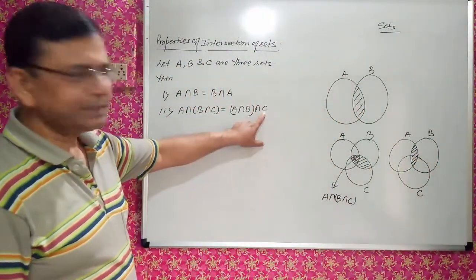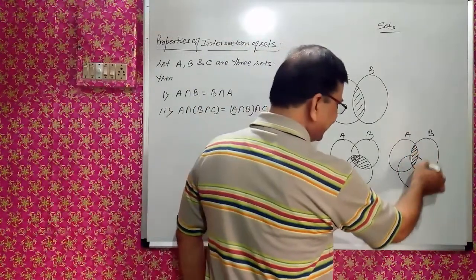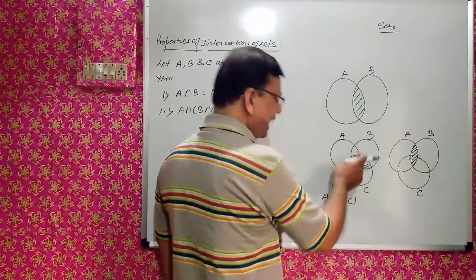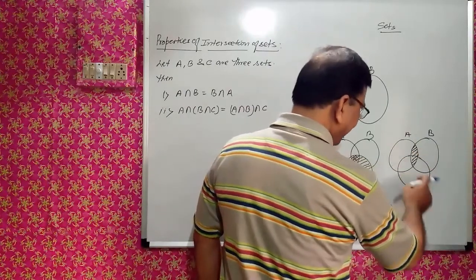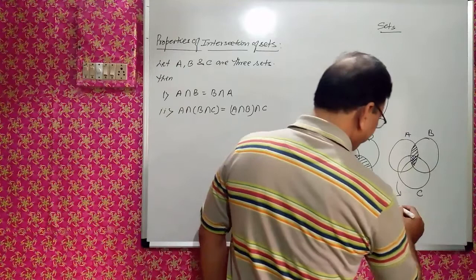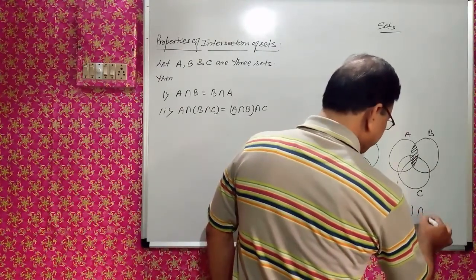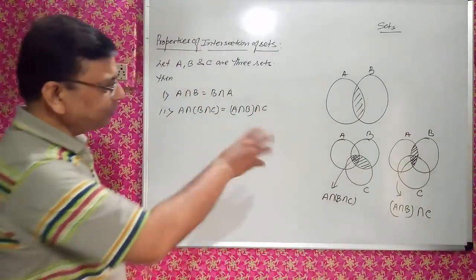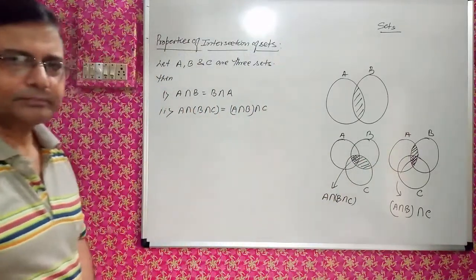And then with C, intersection with C. The intersection of this area and C, as we have done intersection of this area and A. So intersection of this area and C, this is A intersection B intersection C. So what we are observing, in both the cases this area is same, means both are equal.